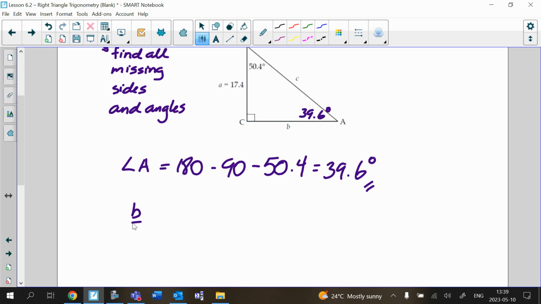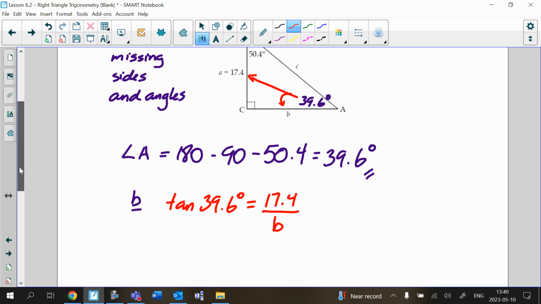So for B, I'm going to use tan, opposite over adjacent. So tan of 39.6 degrees equals the opposite side, 17.4, over the adjacent side, which is B. And now I start solving this.